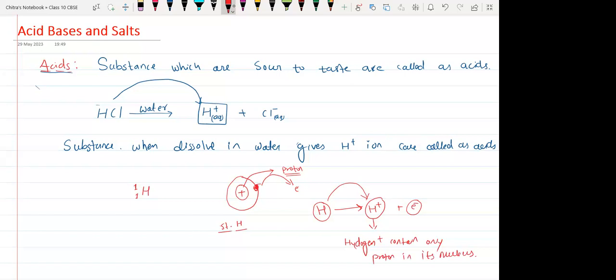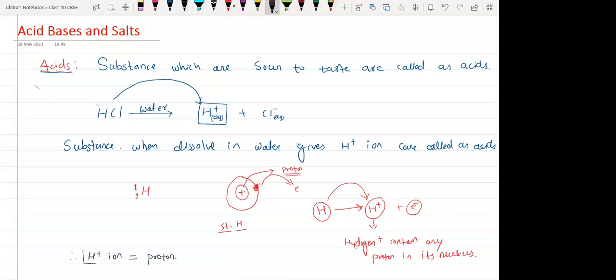No neutron, no electron, nothing. Hence, H positive ion is also considered as a proton.